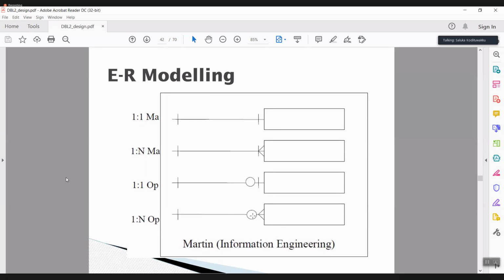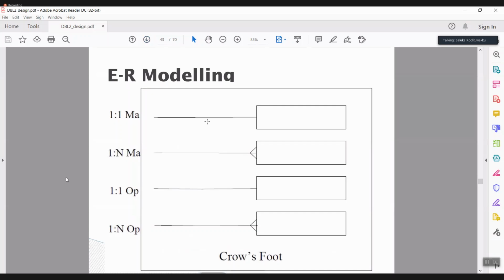Again, this is Martin information engineering notation, so don't necessarily worry. Depending on the modeling language you use or select, the final model picture may look different, but they are modeling the same thing.